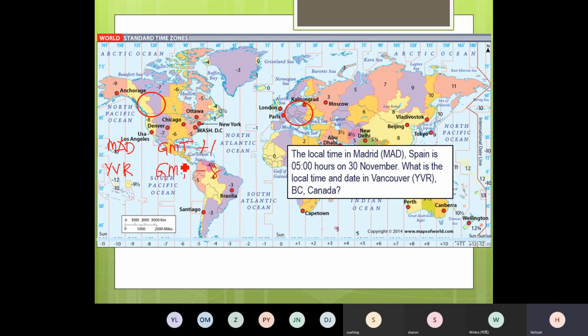So what should you do? After that, you need to look at either plus or minus, right? When the GMT is different, what should you do? Plus. So plus 1 and GMT minus 8, you should plus, so it will be 9 hours, right?